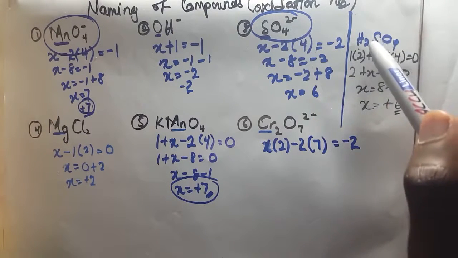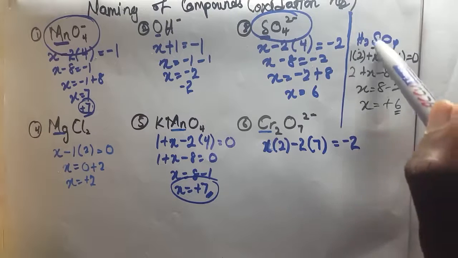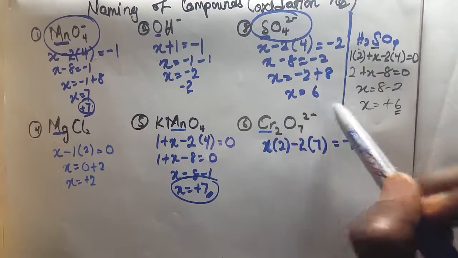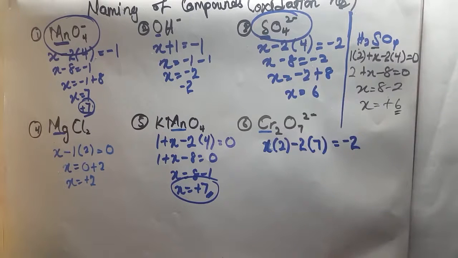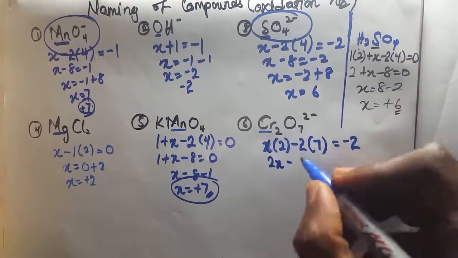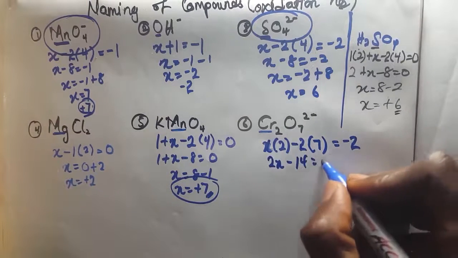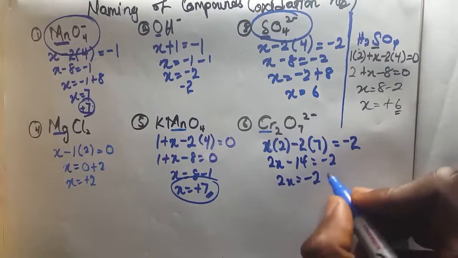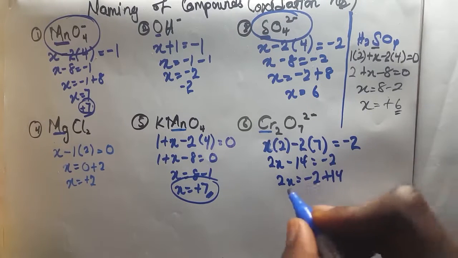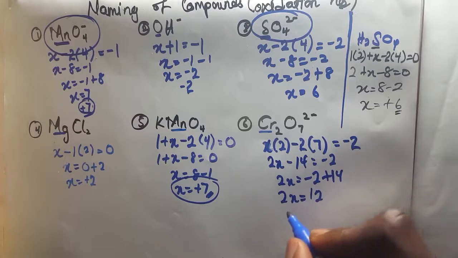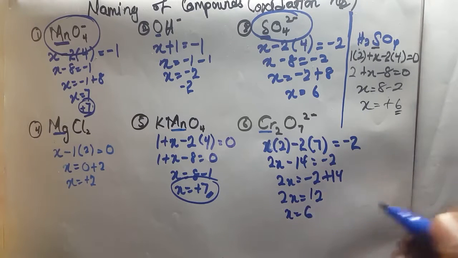So anywhere you see SO4, you just find for S. Or you can just choose not to find for S. Since you know SO4 was giving you 6, this one will give you 6. So over here, I'm going to have 2x minus 14 equal to minus 2. So 2x equal to minus 2 plus 14. So 2x equals 12. So x is going to give you 6 over here, positive 6.